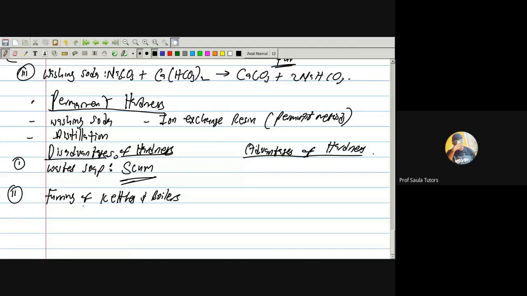All those deposits on your kettle and your boiler are a result of the hard water.